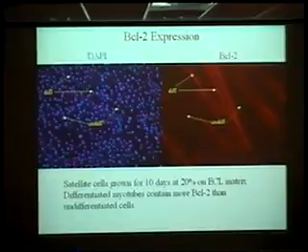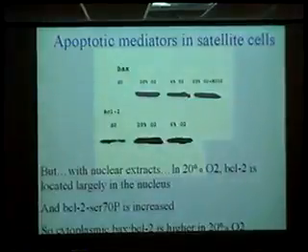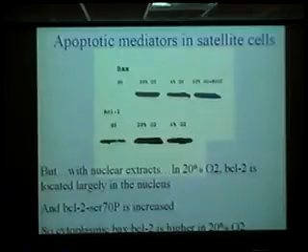So the stem cell is particularly vulnerable to apoptotic signals from the environment. And we're also finding that BCL2 is modified in a way that decreases its normal function, and we're also finding that it's pushed into the nucleus as a function both of our high oxygen conditions and of aging.